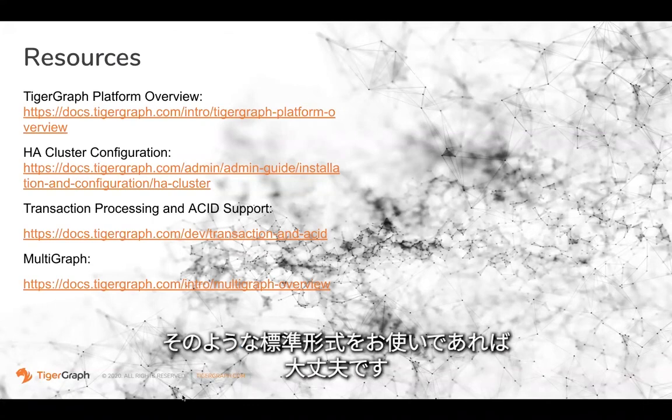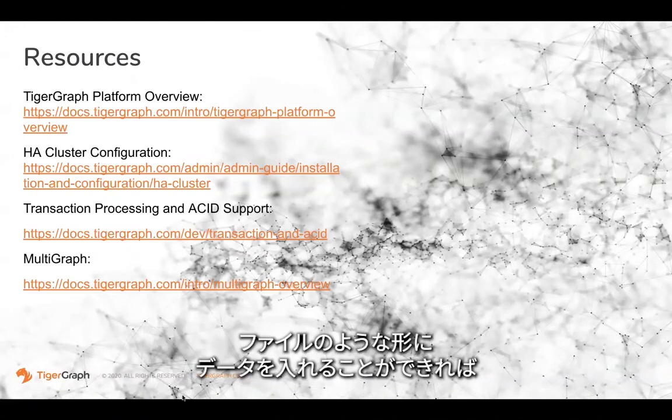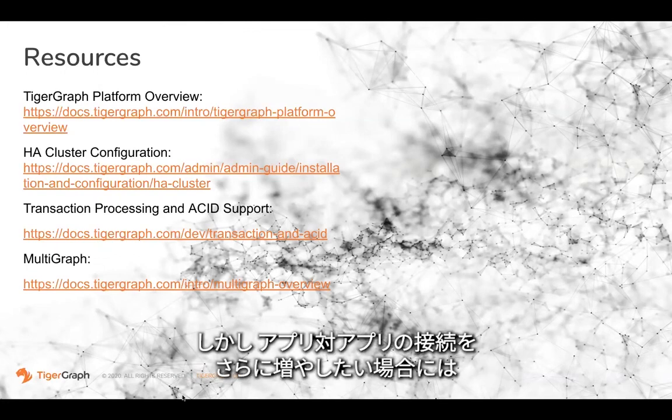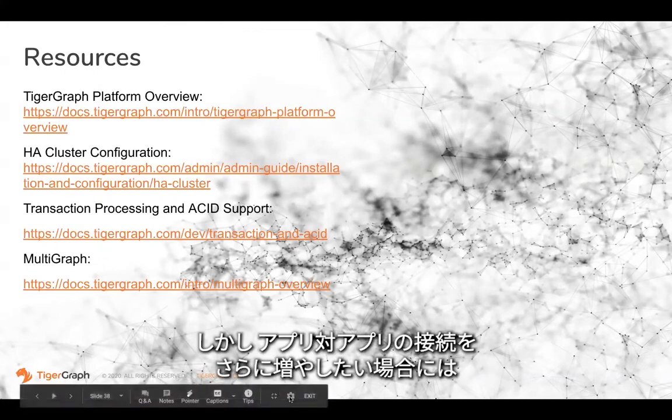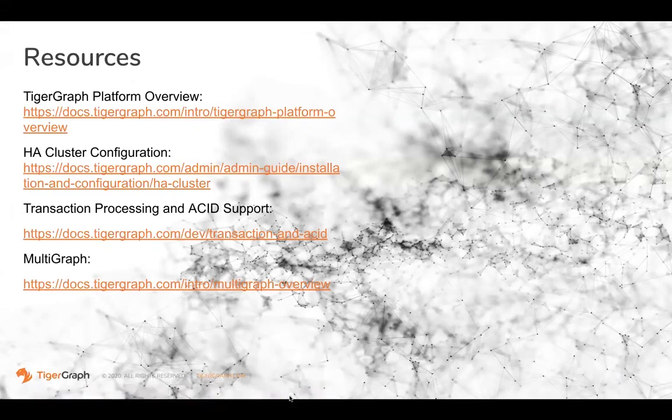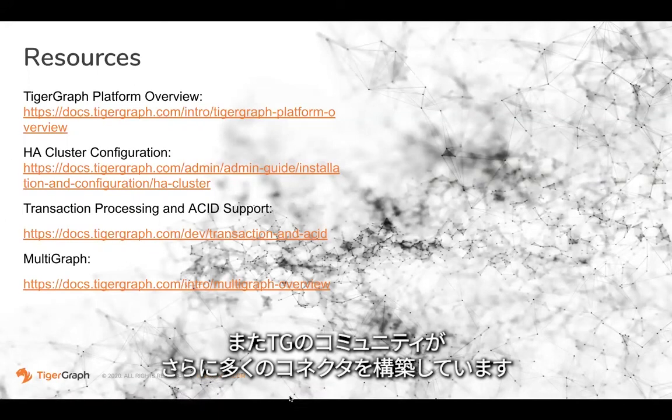So if you have one of those standard formats, we can work. The bottom line is, if you can put your data into what looks like a file, we can read from the file. But if you're looking for a more app-to-app connection, we have JDBC and we'll soon have ODBC. And our community is building lots and lots more connectors.